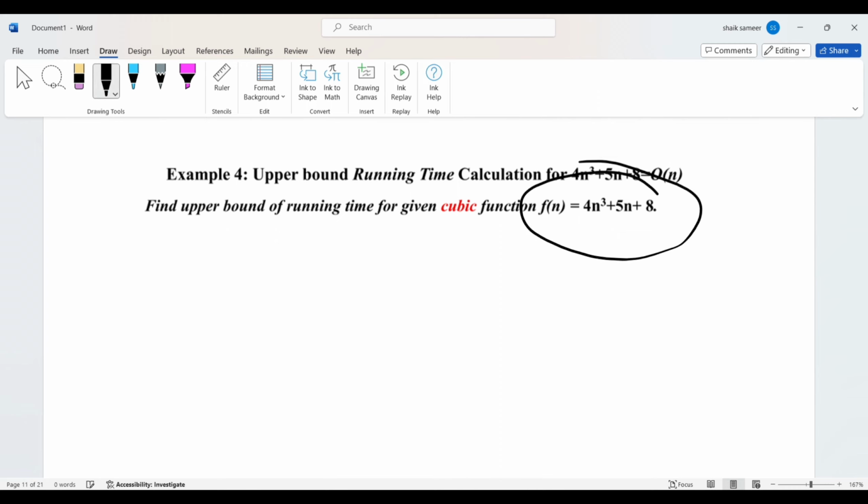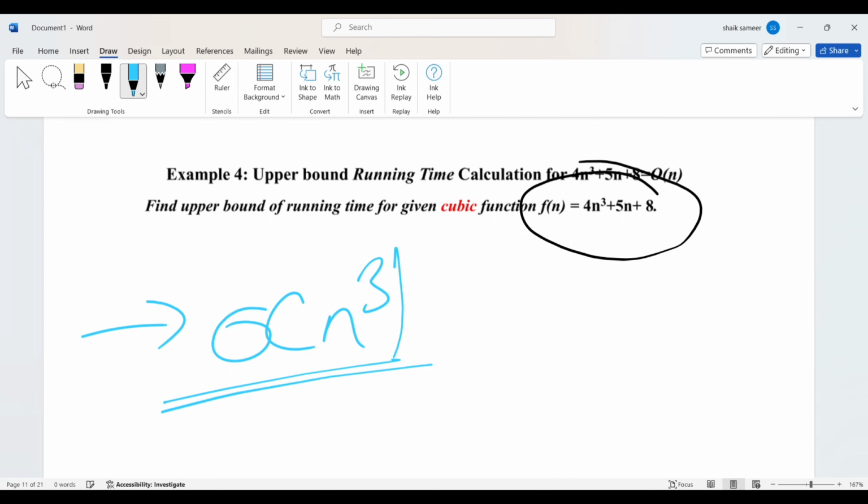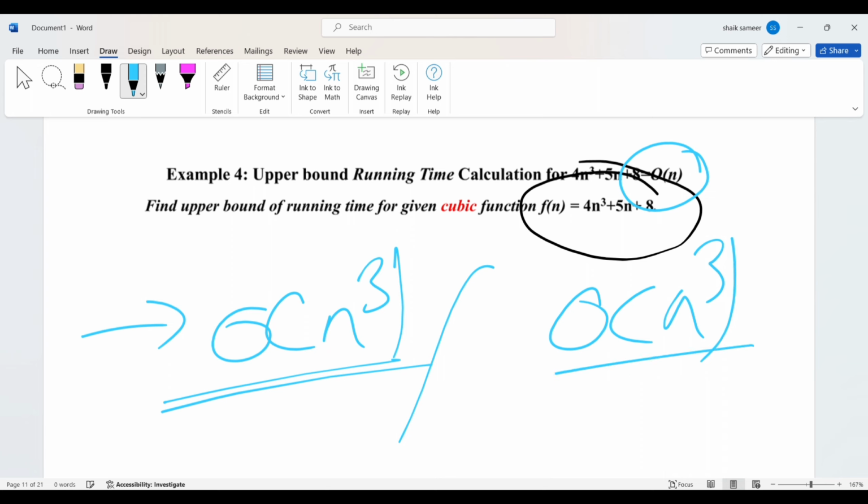So the given function is a cubic function. You can solve this Bigoh notation problem as homework. The answer is Bigoh of n cube. If you solve this, you will learn how to solve problems related to Bigoh notation. So not Bigoh of n, but Bigoh of n cube.